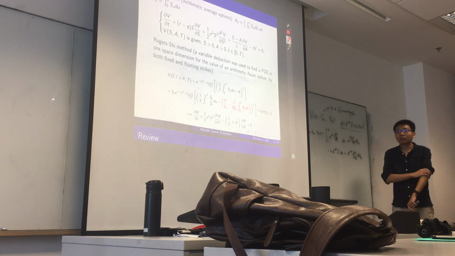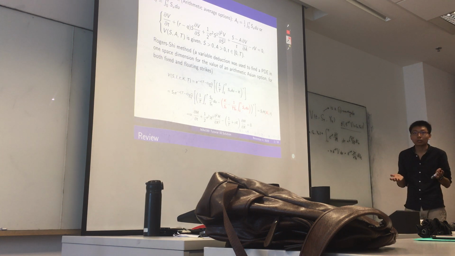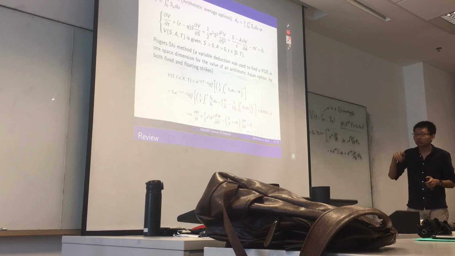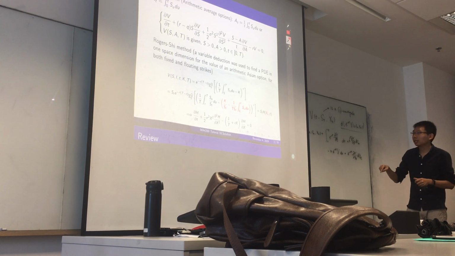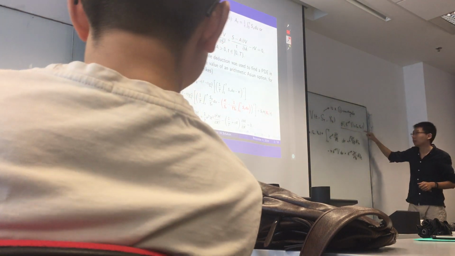Since it's a Q martingale, then when we apply Ito's lemma, there should be no more dt term, there should just be the dW_t term. So we apply Ito's lemma to this discounted option price.